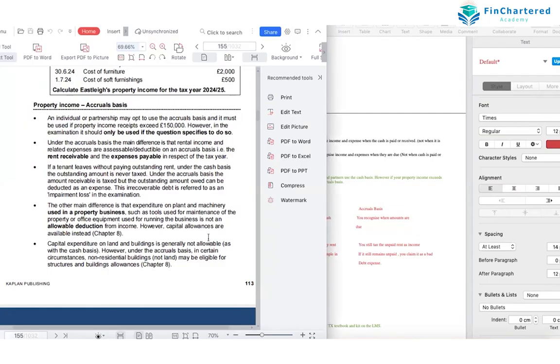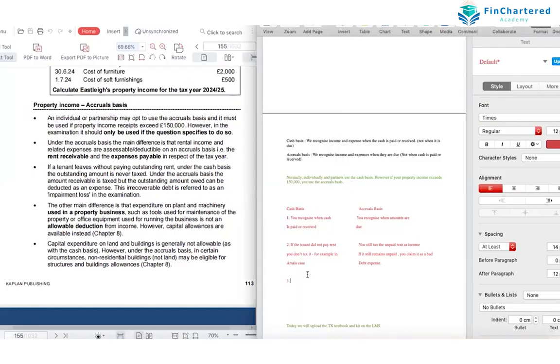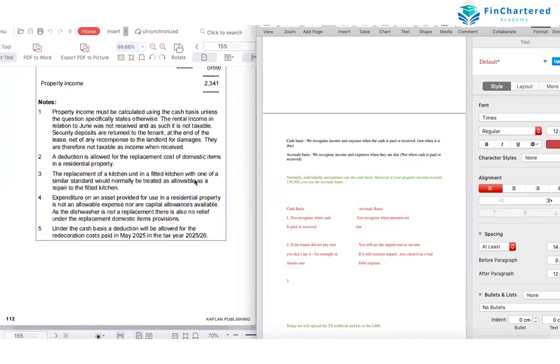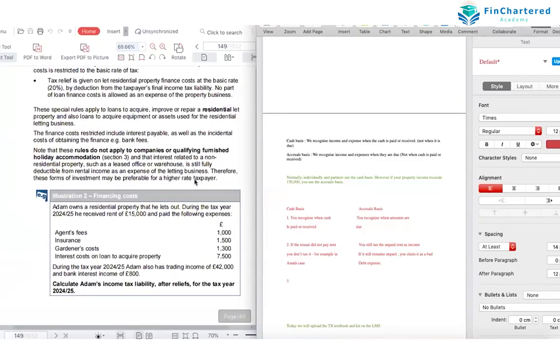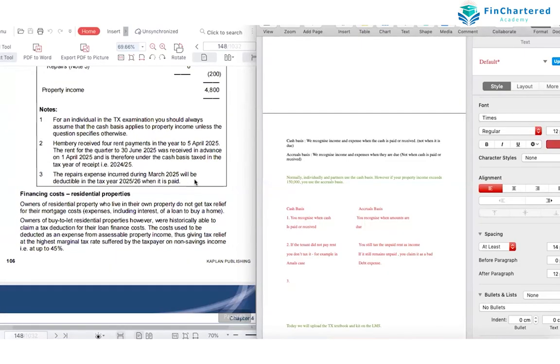However, capital allowances are available later. Okay, so here in the cash basis, you deduct the cost, the expense for tools. Now, again, this is where I think tools was something that we did not look at in full detail.